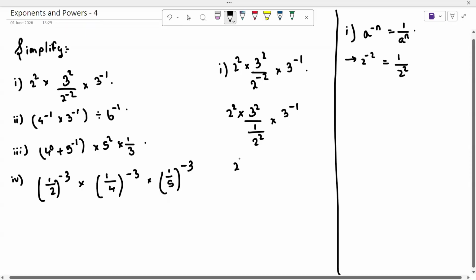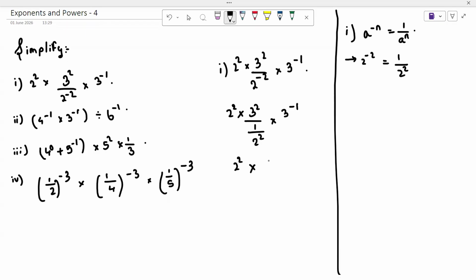So 2 square into 3 square, we can say 9, divided by 1 by 2 square, 4, into 3 power minus 1.